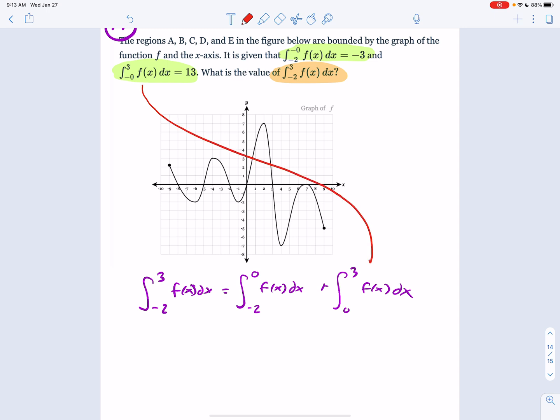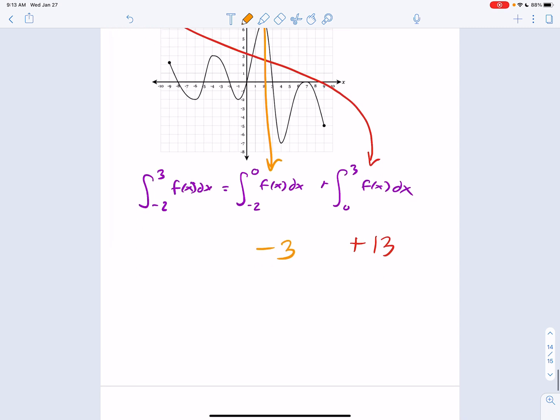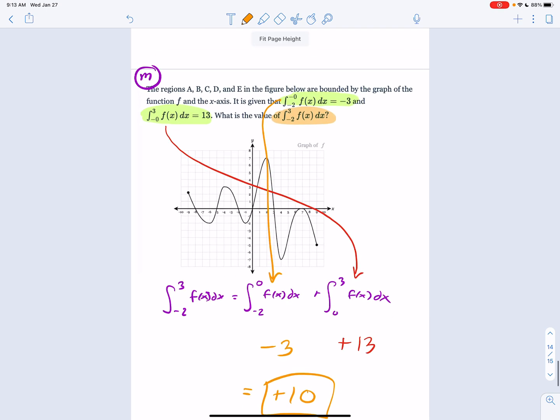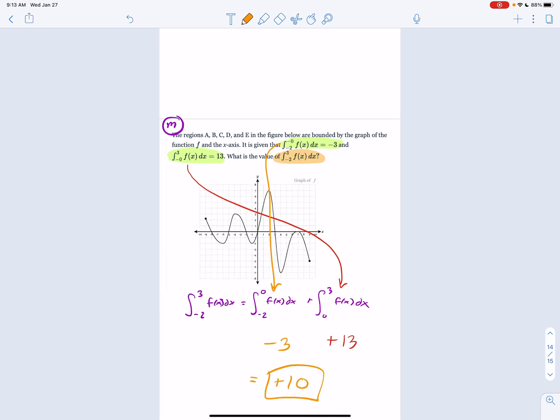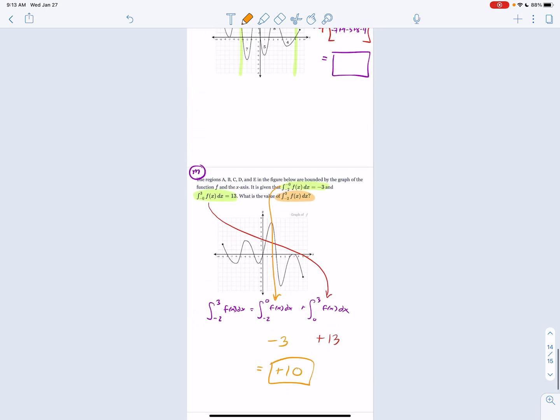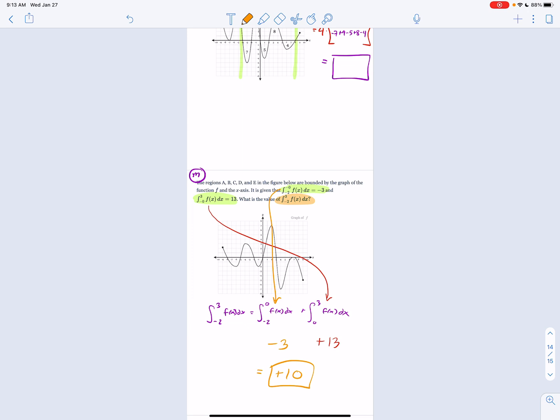The integral of f from 0 to 3 is actually 13, so I'm going to put 13 right there. Now, this one's a little bit weird. The integral from -2 to 0, well, actually, no, it's not. It's the same thing. That right there is -3. There you go, +10. Boom. So you would have to split that integral. Going from A to C is the same thing as going from A to B, then B to C. I guess this one's a little bit easier than I expected. Nevertheless, that's pretty much it. You guys are just analyzing a lot. If you have any questions, reach out to me.